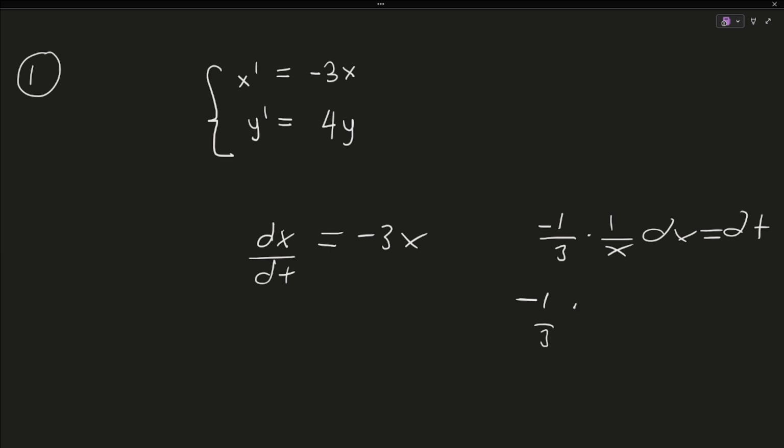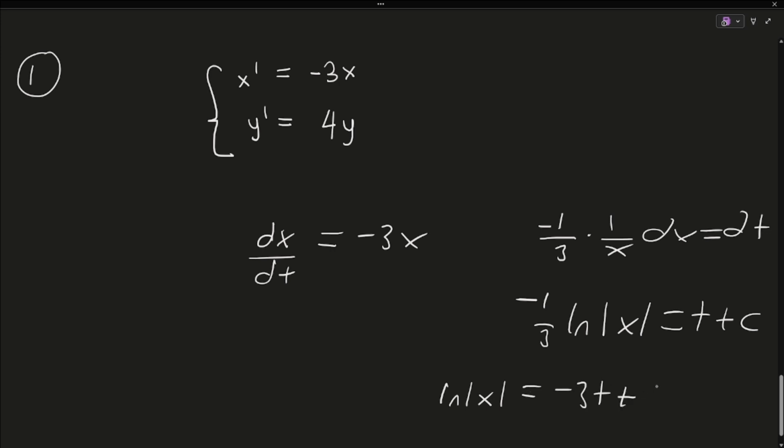Negative 1 over 3 ln of x will be equal to t plus c. And let's multiply everything with negative 3. So ln of x will be equal to negative 3t plus c. As you can see, I'm not multiplying c with negative 3 because it's a constant. And basically, our solution for x of t will be e to the negative 3t multiplied with c.